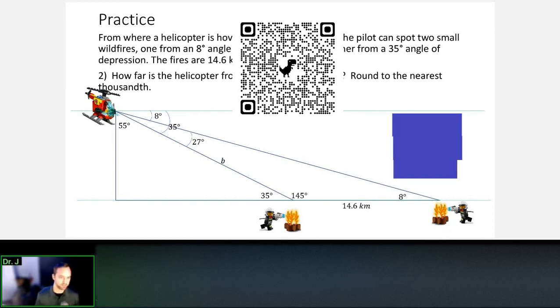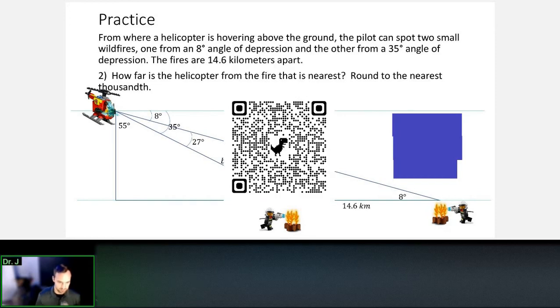How dare you? But yes, this one is we're number 2. B is the fire closest to the helicopter.